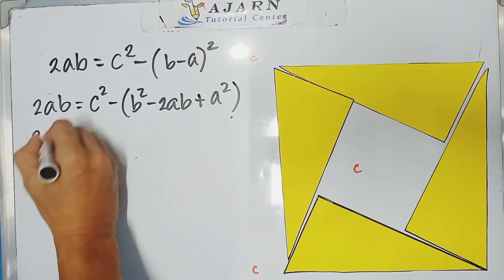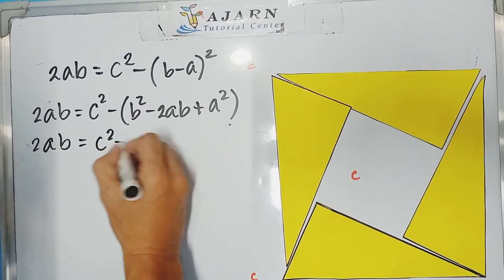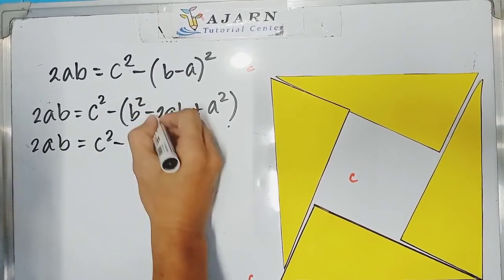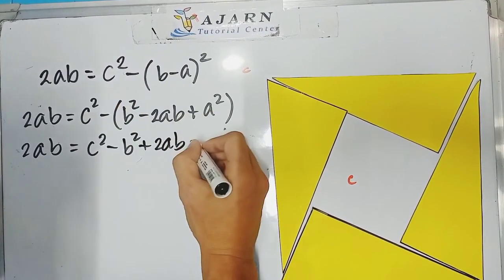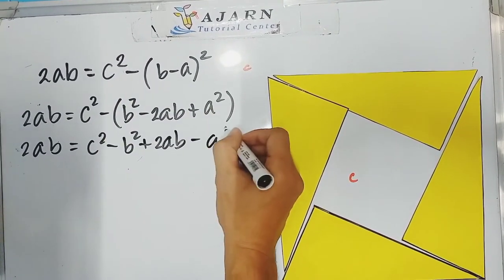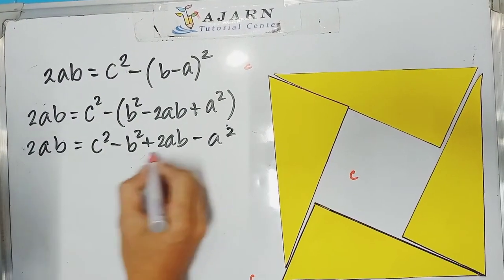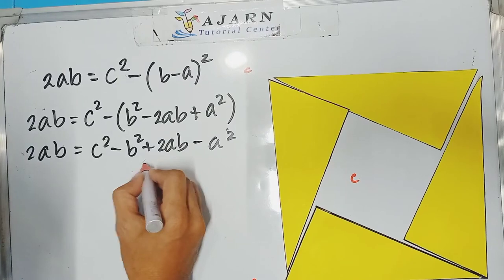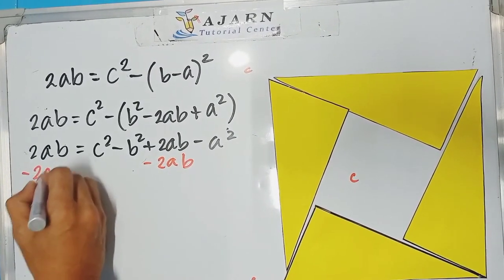Okay, the left side is 2AB, right side is C squared. Distribute the negative sign, that's negative B squared. Negative times negative is positive 2AB. Negative times positive gives us negative A squared. Now let's subtract like terms. Minus 2AB here, minus 2AB.